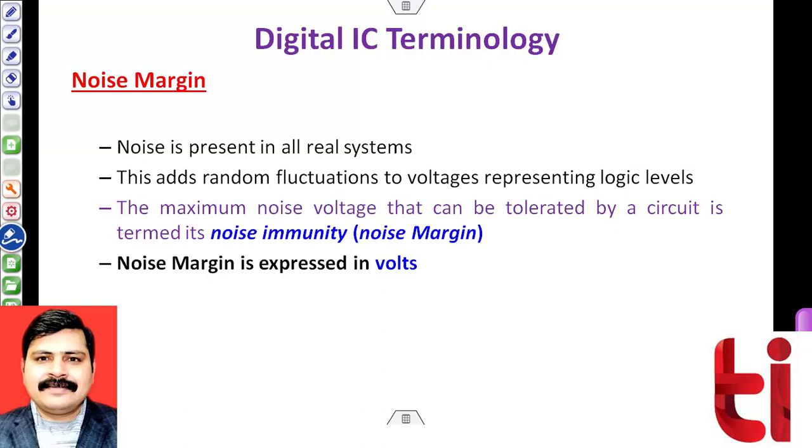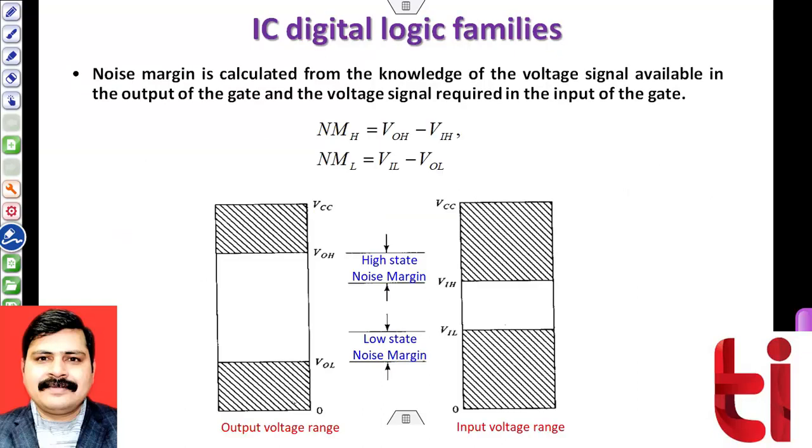This parameter is very interesting, and we can check how immune my circuit is to that noise. In digital IC terminology, we express noise margin in volts, because we determine this level in terms of voltages. So let us see the examples of how to calculate this noise margin.